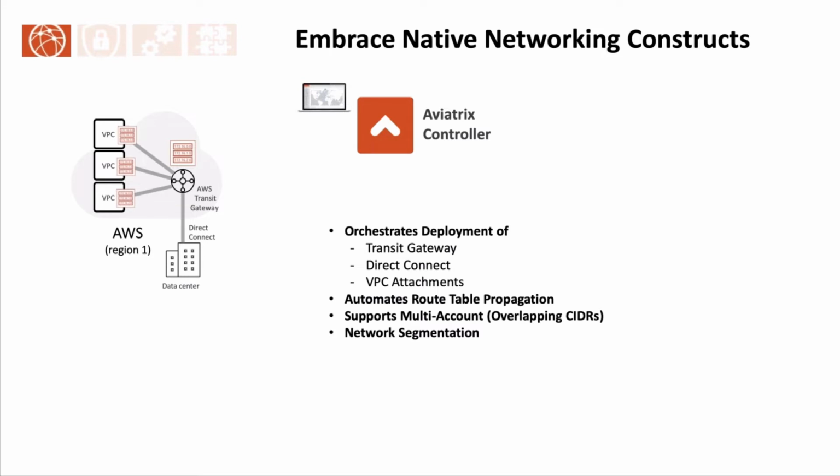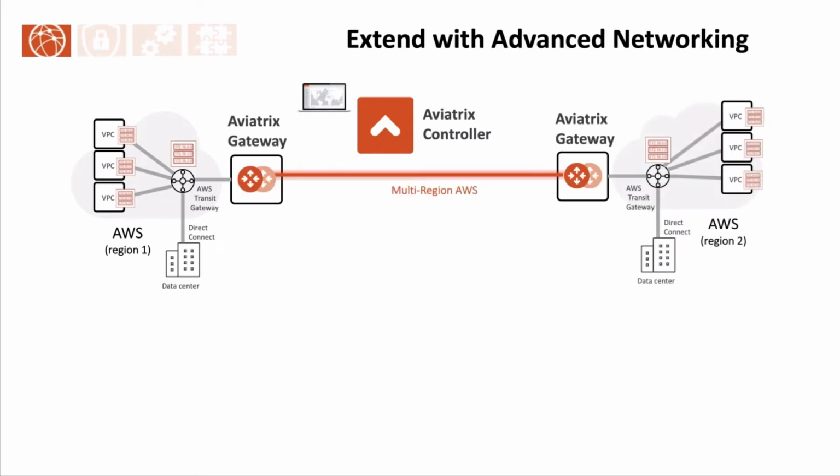Now, taking it a next step and looking at some advanced features, if you look at the native capabilities of, for instance, AWS Transit Gateway, it's supported for a single region, but you can't connect multiple regions so that you have a communication path between VPCs in one region and a VPC in another region. That's only supported with a peer-to-peer connection or a peering connection as opposed to through the transit gateway.